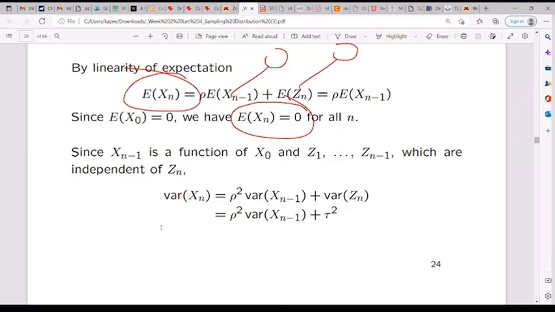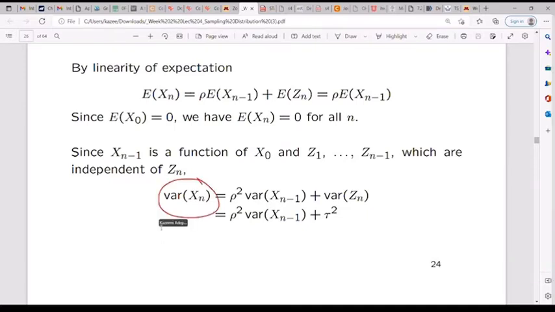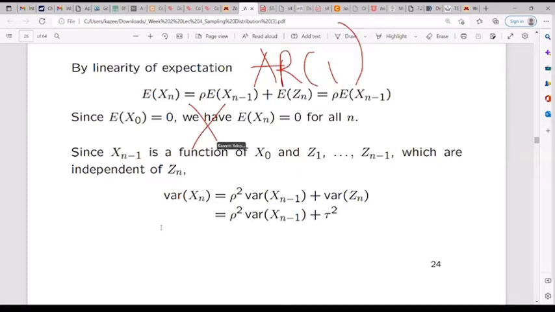Now, if that is the case, what about the variance? If I want to get the variance of Xn, I've already gotten the expectation of Xn, which gives me 0. But what am I actually going to do to get the variance? Don't forget the AR of order 1 specification is Xn equals rho Xn minus 1 plus Zn.